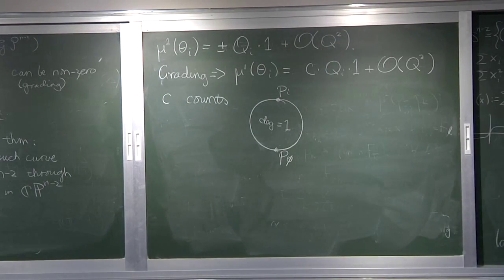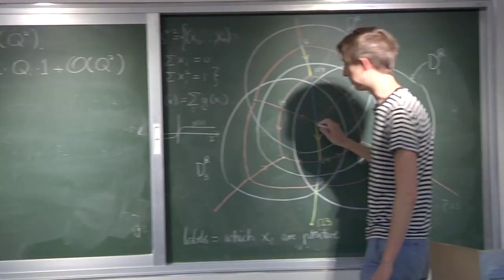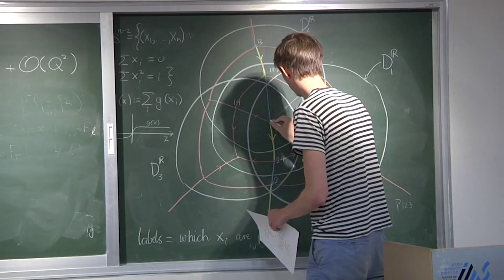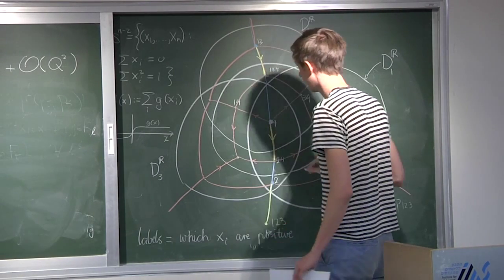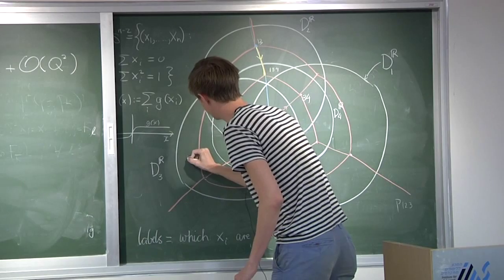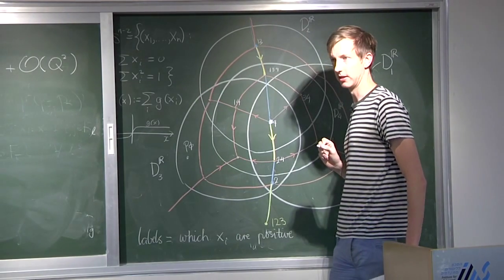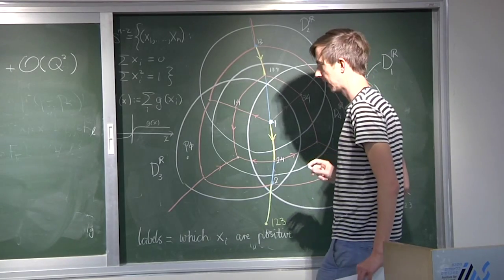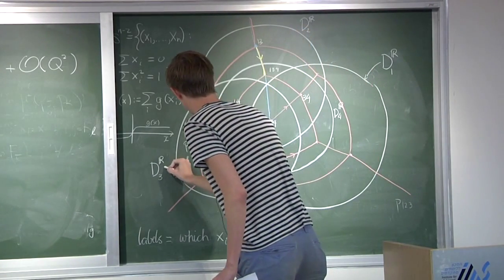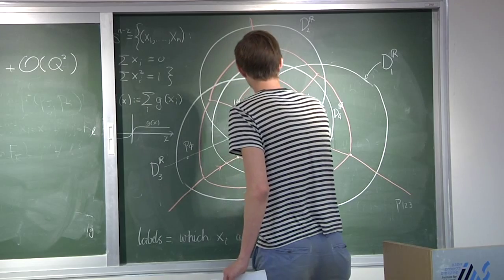So for example, in this picture here, maybe we want to compute mu1 of P4. So we have P4 and we have this random point P phi. That is the minimum of our Morse function. We have the unique line through these 2 points.